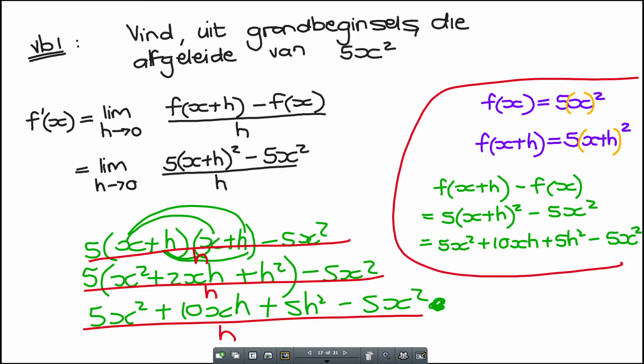They first work out what would fx plus h minus fx be, en dan gaan sit hulle hom sommer direk in die formule. Okay, so you can do either one of the two. Work it out on the side and then go put it into your formula. But you've got to show that working out, né? Of jy bly heeltyd in jou formule al daai stappies skryf. Op die onderkant.